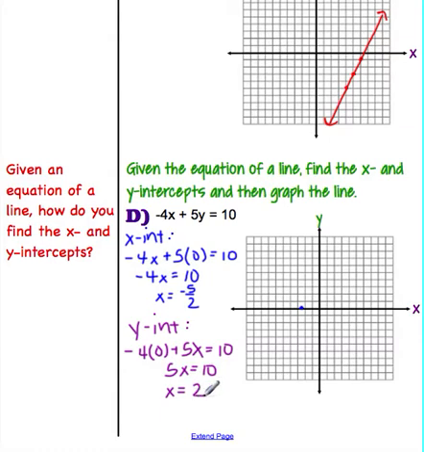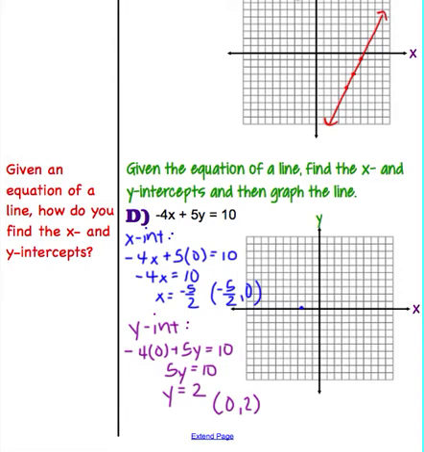Sorry, y, my bad. Let's fix that so we don't get confused here. So officially, my ordered pair for this is (0, 2), and my ordered pair for my x-intercept is going to be (-5/2, 0). So now let's go back and graph my y-intercept of (0, 2).